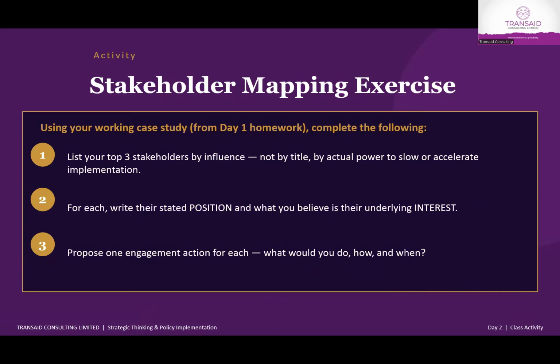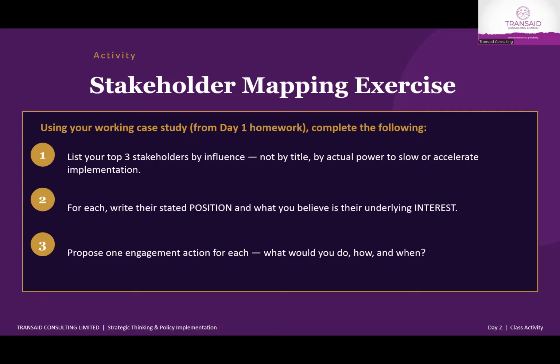So the activity that I want you to do is a stakeholder mapping exercise, using your working case study from day one, as homework. I want you to complete the following. List your top 3 stakeholders by influence, not by title, by actual power to slow or accelerate implementation.